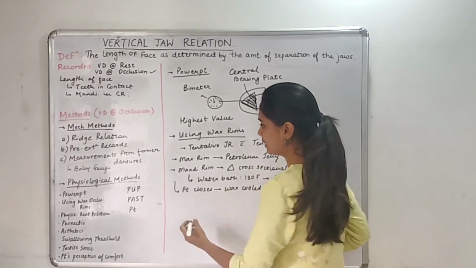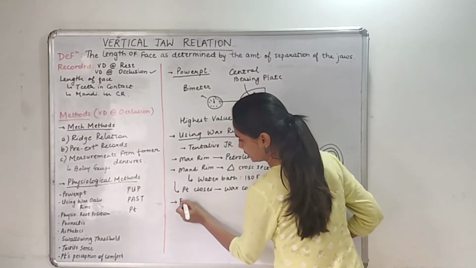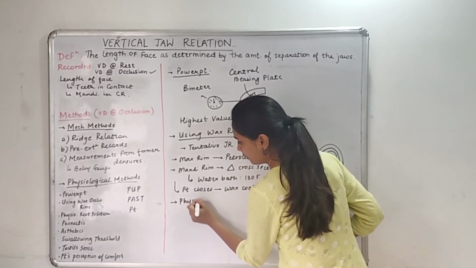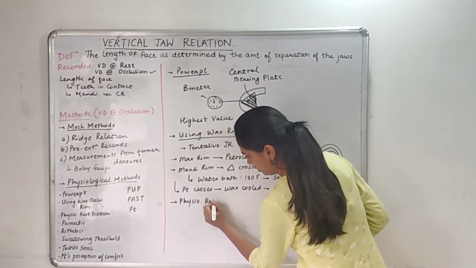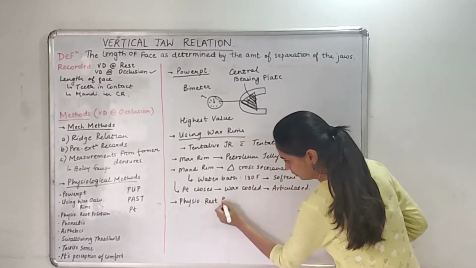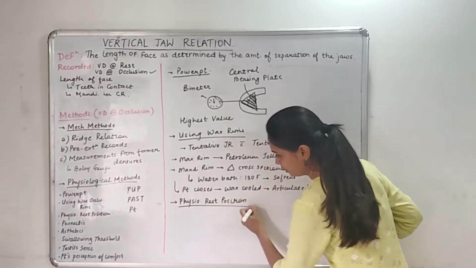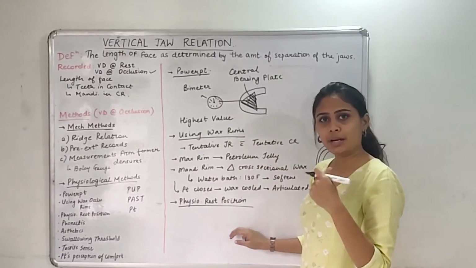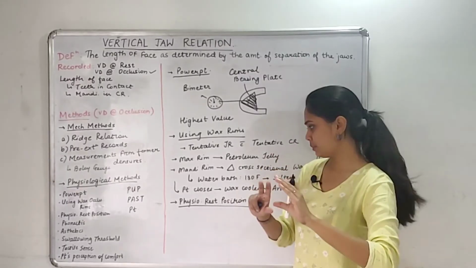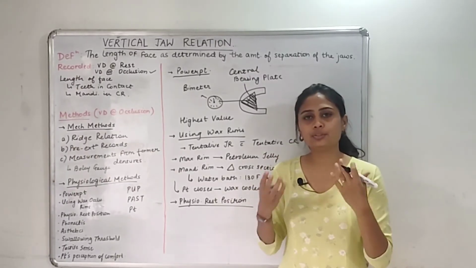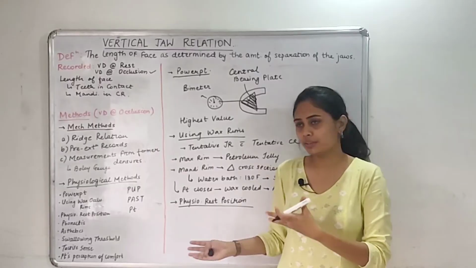The next topic we'll see is using the physiologic rest position. This is something that we have already discussed in the earlier part. In physiologic rest position, both the maxillary and the mandibular rims are placed into the patient's mouth, and then we ask the patient to do the functional movements like swallowing and relaxing.